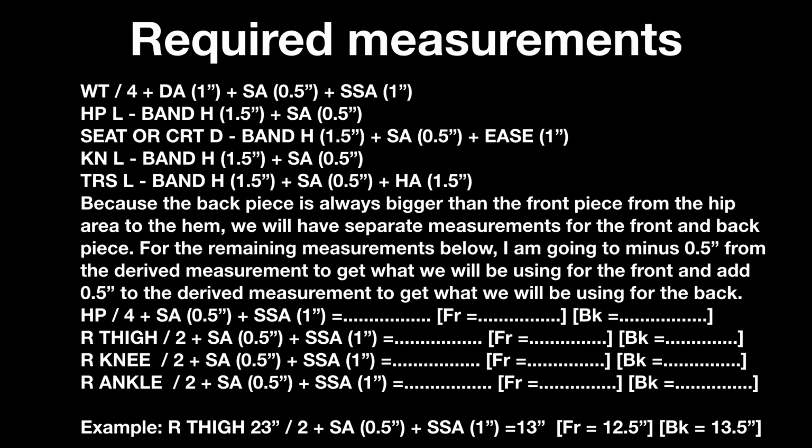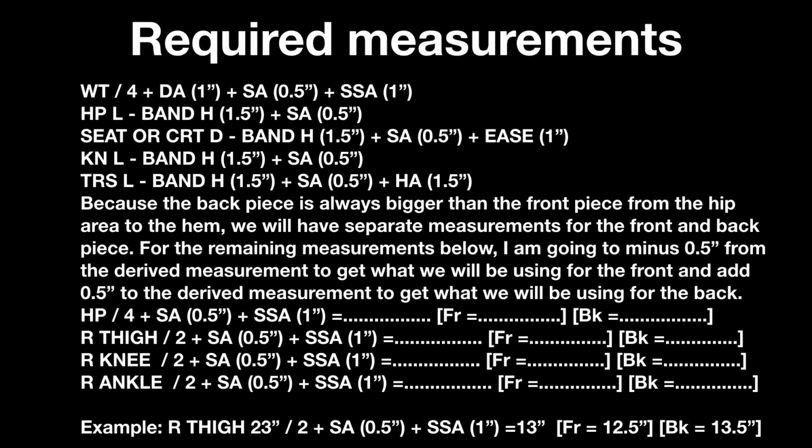Seat or crotch depth minus band height 1.5 inches plus sewing allowance 0.5 inches plus ease 1 inch. Knee length minus band height 1.5 inches plus sewing allowance 0.5 inch. Trouser length minus band height 1.5 inches plus sewing allowance 0.5 inches plus hem allowance 1.5 inches.